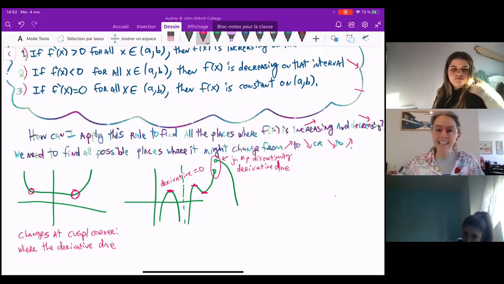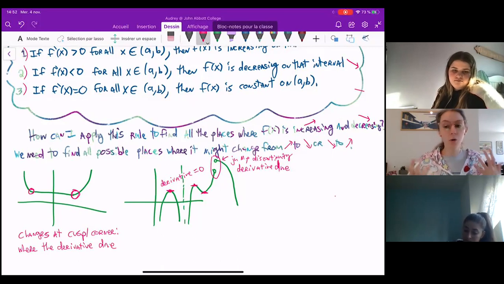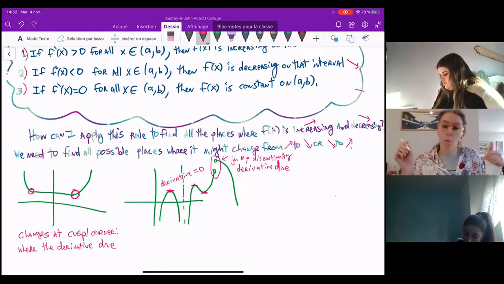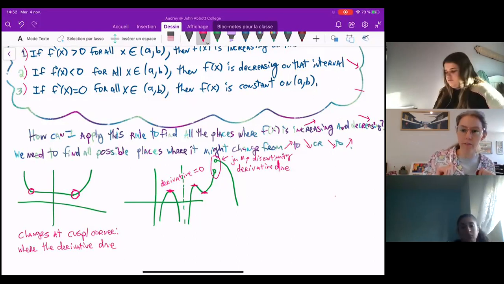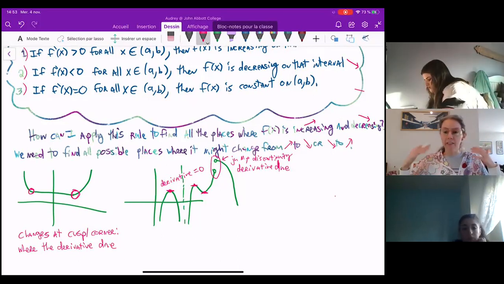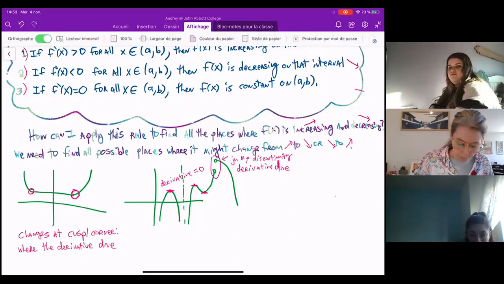So what we are seeing is that there are two different types of places where the function can change from increasing to decreasing. And those two different types of places are when the derivative equals 0 and when the derivative does not exist. And these specific x values where this happens are called critical points or critical numbers.